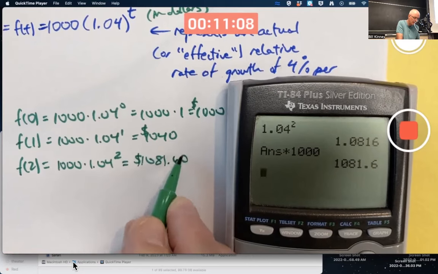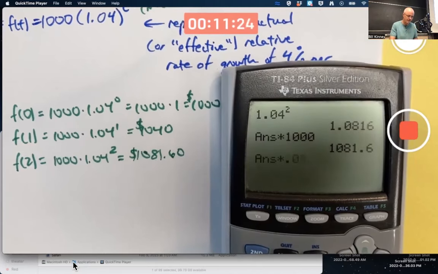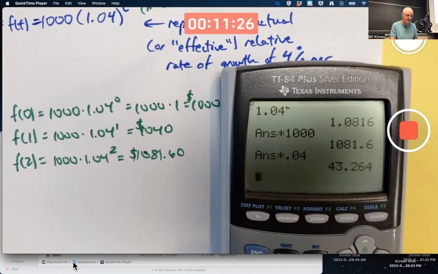Your money grew a little bit more than the first year because of compounding, because your balance got higher. It's still the same percent rate of growth, but because your balance got higher, the actual amount of growth was larger. What's 4% of this? It's $43.26.